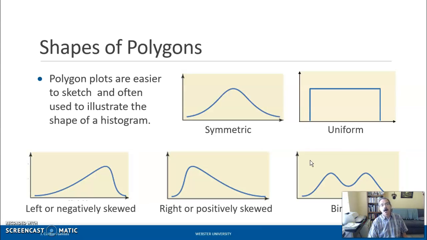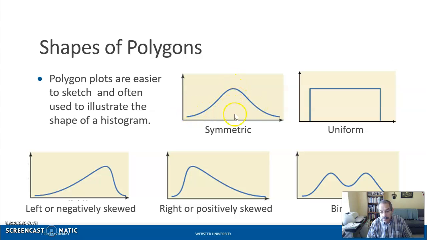Now, if you use the polygons, often we like to use the polygon plot because it's easier to sketch. On the blackboard, you can just sketch it. So, well, here's a symmetric shape. And you can see that if you cut it in the middle and fold it, then the two parts will be the same.